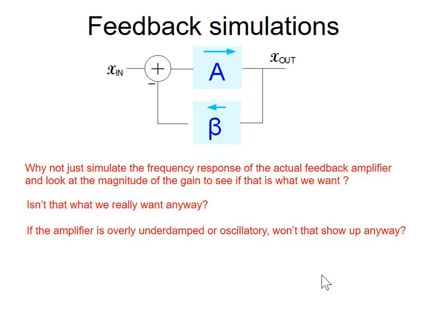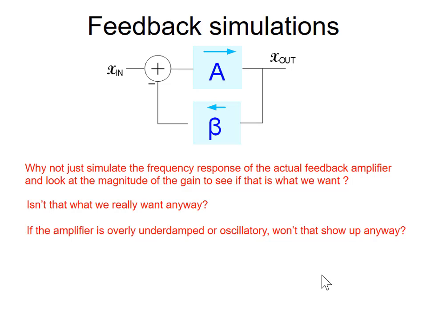Why can't you see it in the Bode plot? Because you just look at the magnitude. You can see it in the step response. Okay, so we might look at the step response in the time domain. Good observation. Might look at the step response in the time domain, and then you would see it.